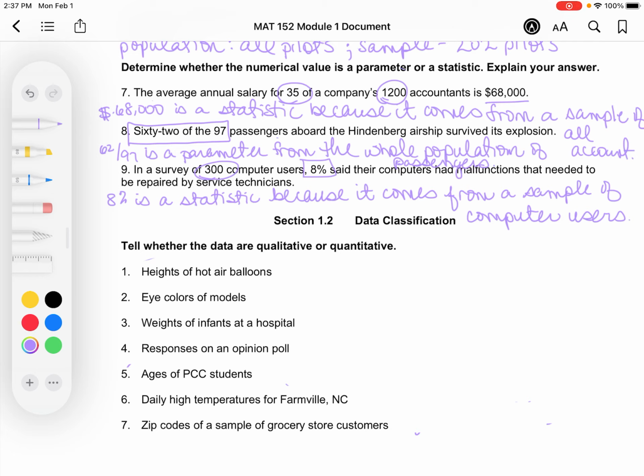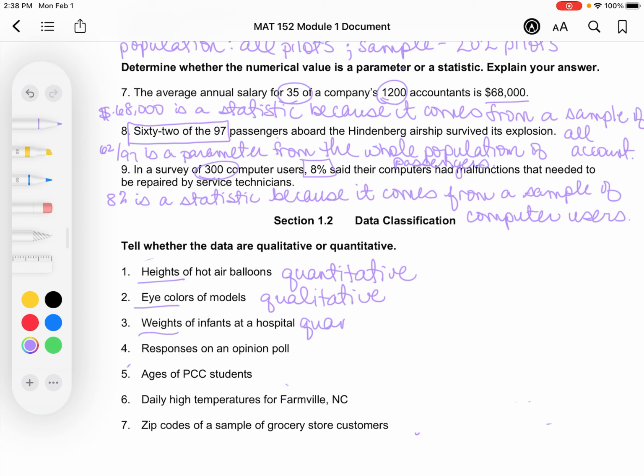And then section 1.2, tell whether the data are qualitative or quantitative. Heights, those are measurements, so that is quantitative. Eye color, categorical, so that is qualitative. Weights, again, measurement.